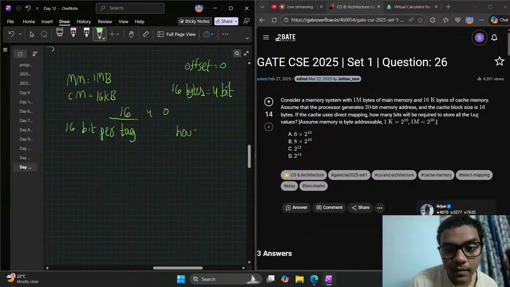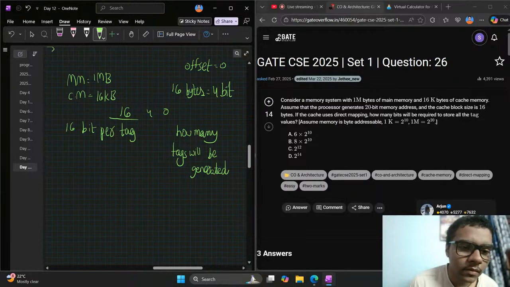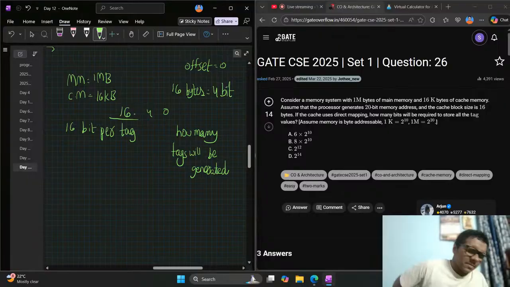How many tags will be generated? All right. Where am I? So cache memory is 16 bits.